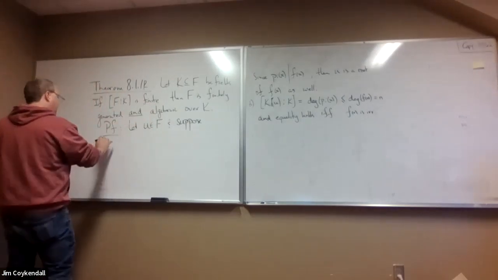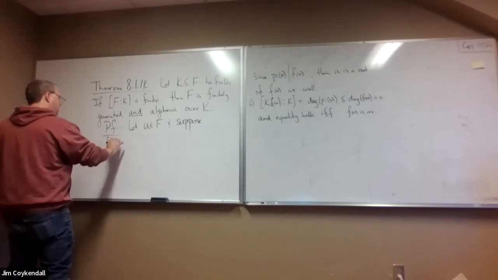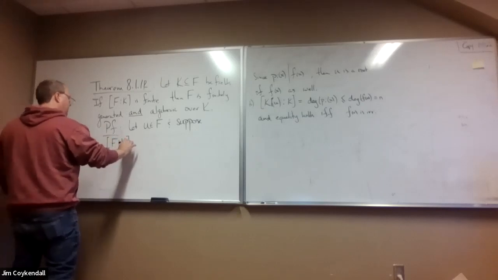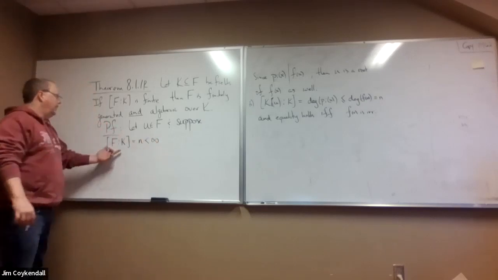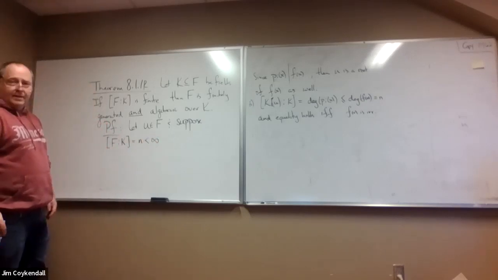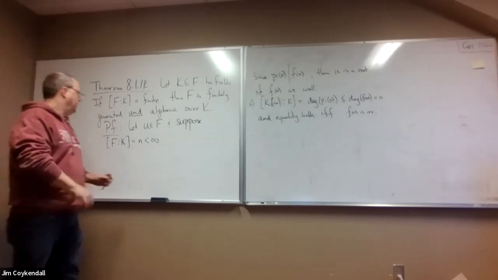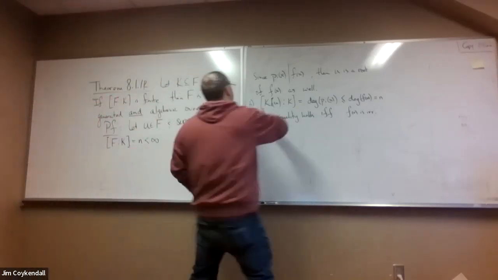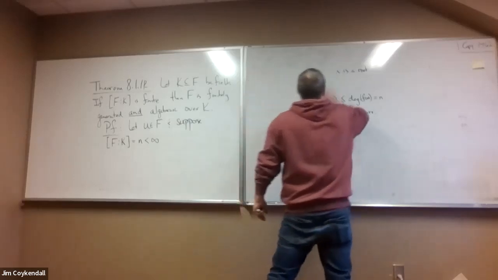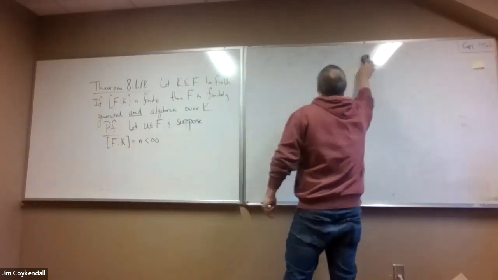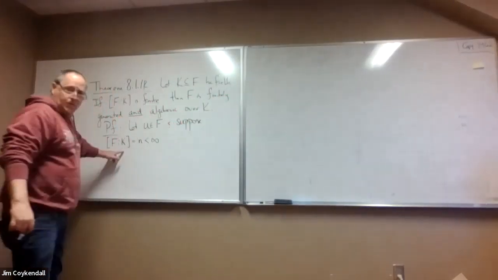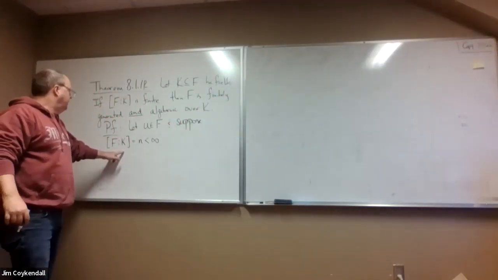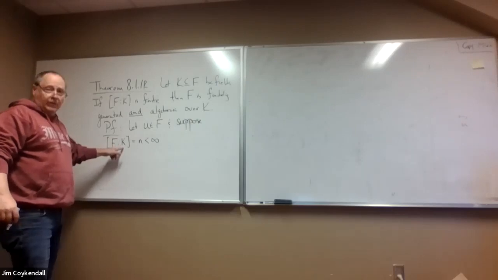Suppose that the degree of the extension of the field is a finite number. Well, remember what this means. This means that we have, over K, a vector space.